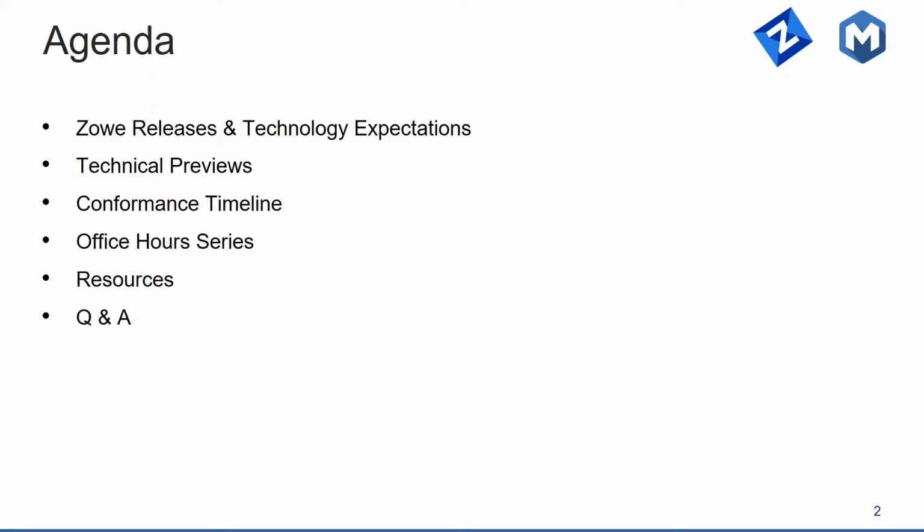We'll walk through the conformance timeline, and we'll go through a couple of pointers of items that are available at that vNext webpage, just to make sure that you are aware of that information and perhaps save you some time when you're searching for various items related to V2.